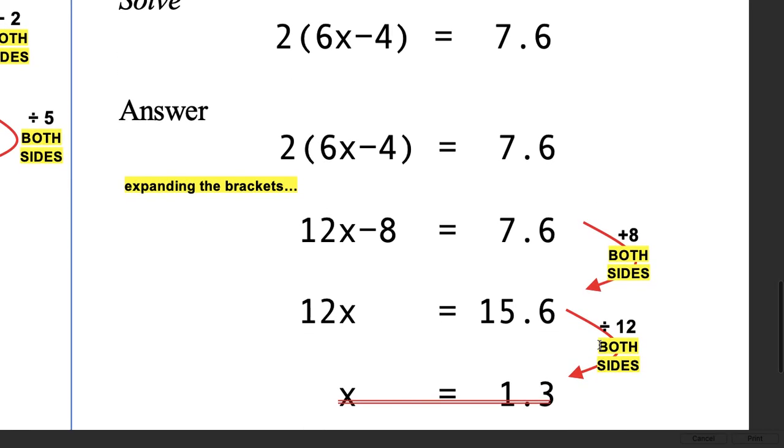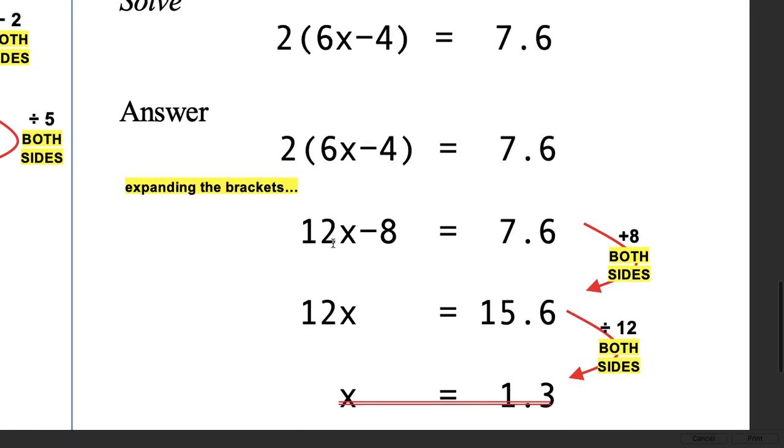So here's the answer. Expanding the brackets out, 2 times 6x gives me 12x, and 2 times minus 4, remember that's a minus 4, the minus belongs with the 4, gives you minus 8. So that's the same as saying 12x minus 8 equals 7.6.